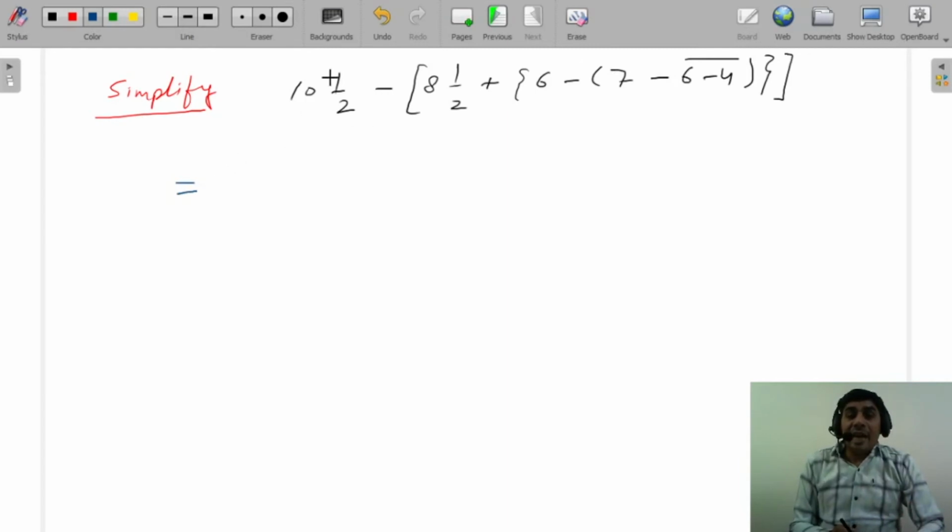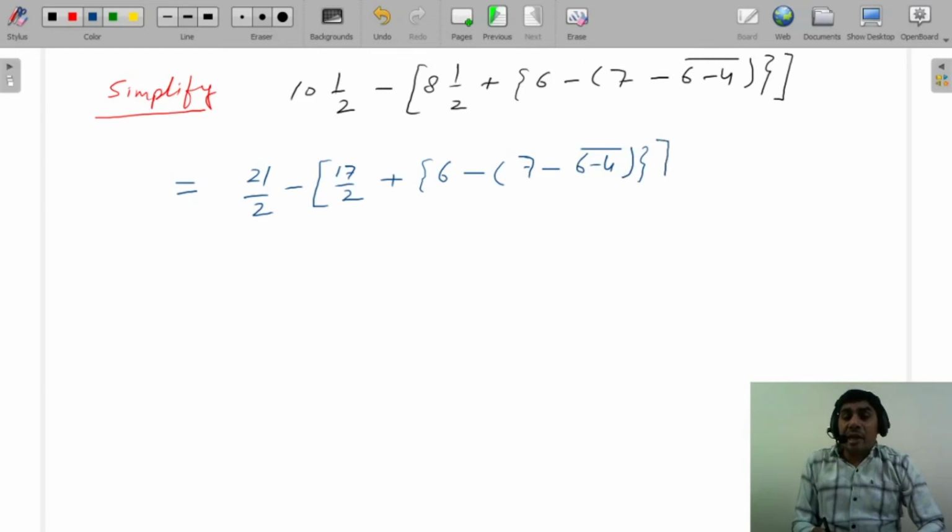That means 10 and 1 by 2 is written as 10 into 2 is 20, 20 plus 1 is 21 divided by 2, minus capital bracket 8 and 1 by 2 is 17 divided by 2, plus curly bracket 6 minus small bracket 7 minus 6 minus 4 bar, small bracket closed, curly bracket closed, and capital bracket closed.